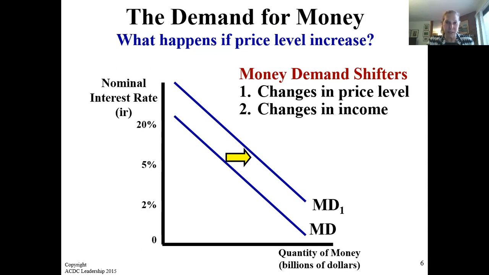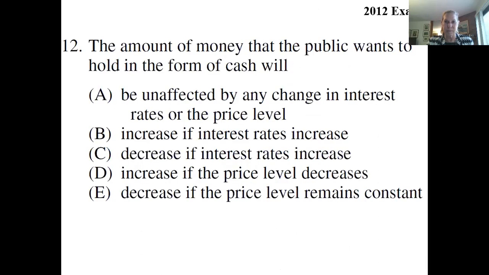Two, changes in income will shift the demand for money. And three, changes in technology will shift the demand for money. The amount of money the public wants to hold in the form of cash will decrease if interest rates increase.